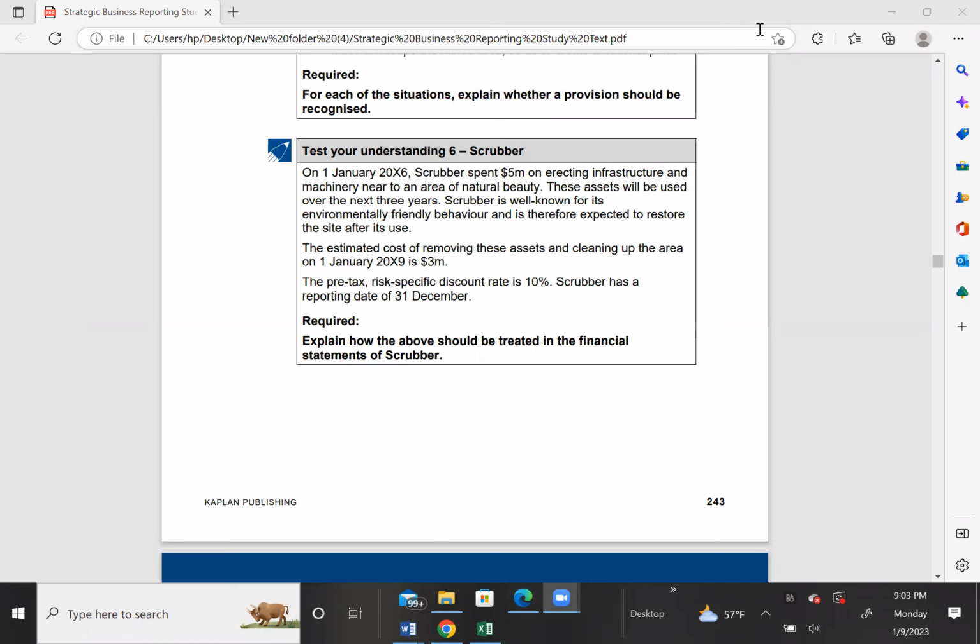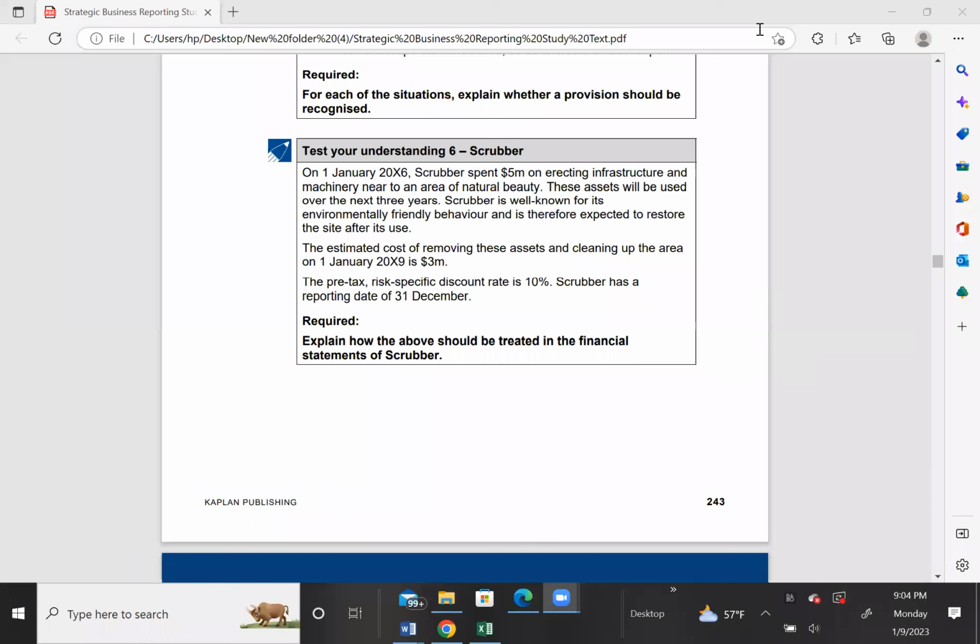So the statutory understanding number 6. On 1st January X6, Scrubber spent $5 million in erecting infrastructure machinery near an area of natural beauty. These assets will be used over the next 3 years. Scrubber is well known for its environment-friendly behavior and is therefore expected to restore the site after its use.